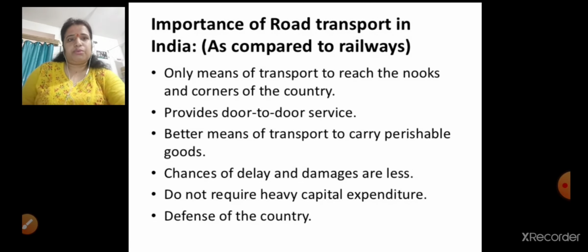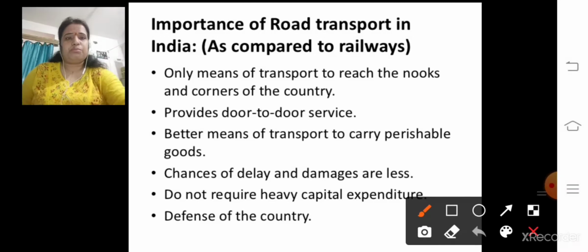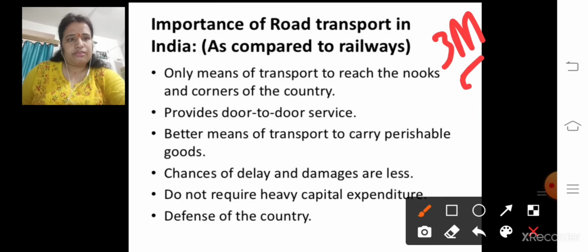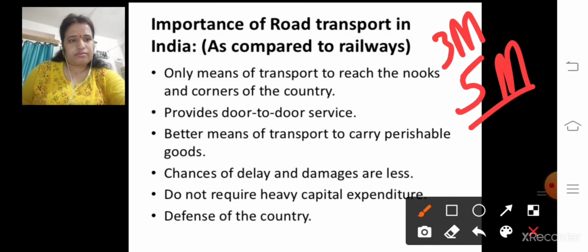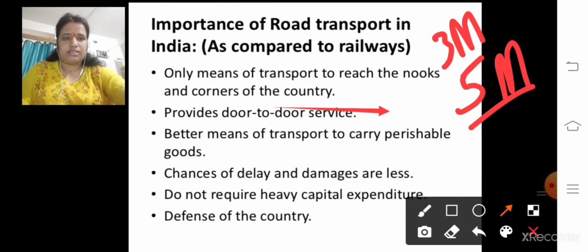This is again an important topic and question which comes in the board exam. What is the importance of road transport in India as compared to railway? For 3 marks or 5 marks. The only means of transport to reach the nooks and corners of the country. Road transport provides door-to-door services.